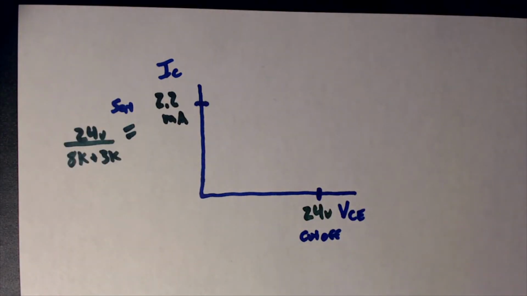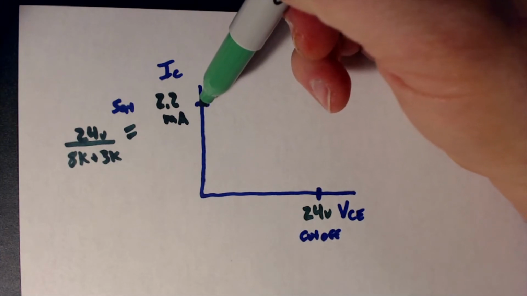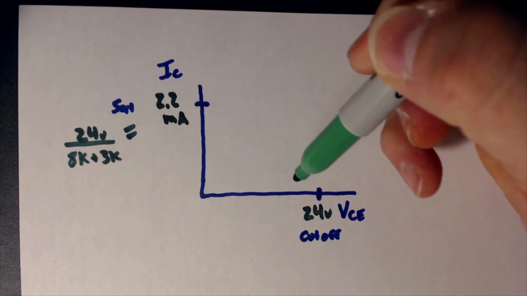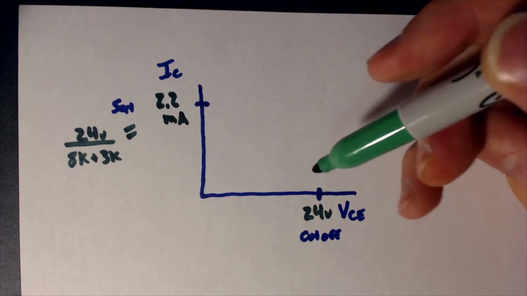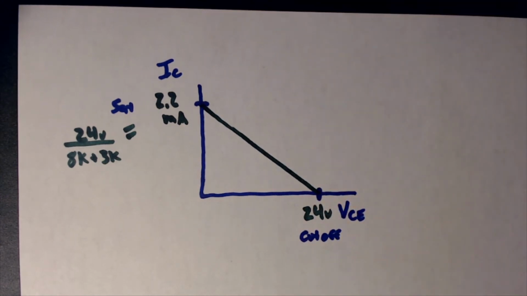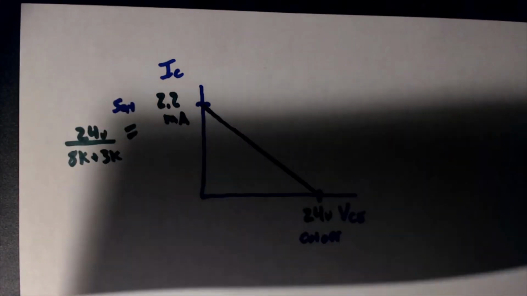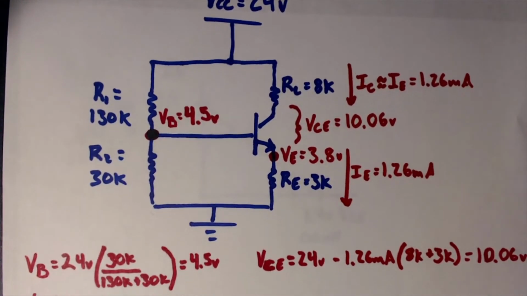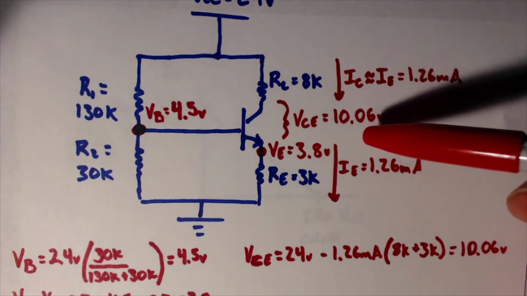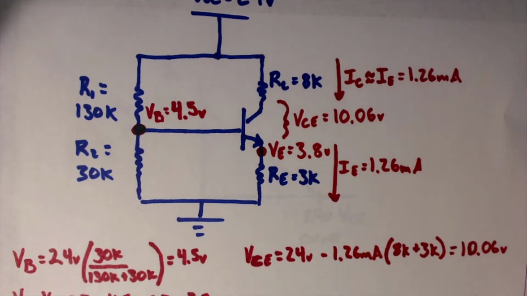Okay, so now that we've established what IC is at saturation, and we know that this is 24 volts at cutoff, we go ahead and draw this line. And now we need to go ahead and place our Q point on this. Now remember, we figured out what our operating parameters, essentially our Q point, is already from the approximation technique. 1.26 milliamps, and our VCE was 10.06 volts.